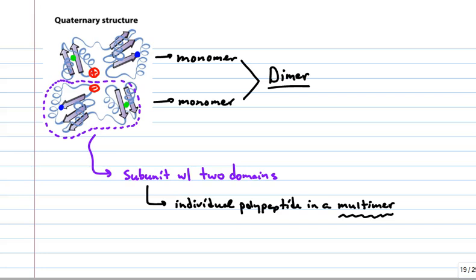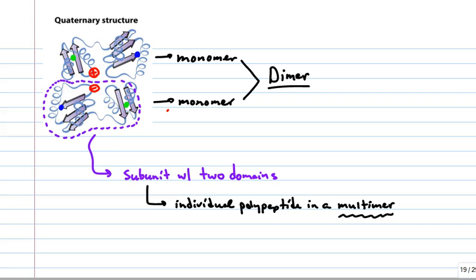How do you know that? Because there's an amino terminal end. Here's the carboxyl terminal end. This is just one big molecule. Go down here on the second part of this. There's an amino terminal end and a carboxyl terminal end. So we would call this one molecule now a monomer.